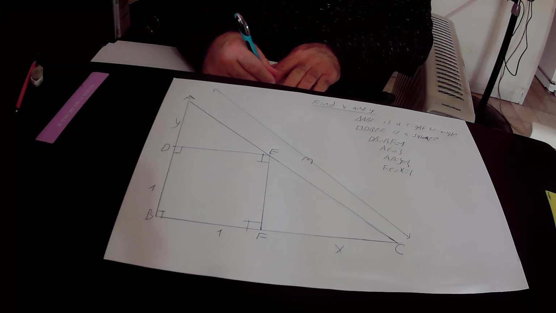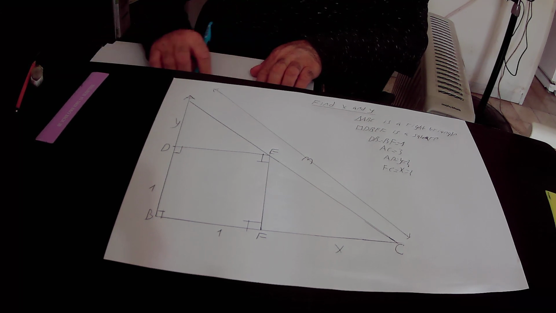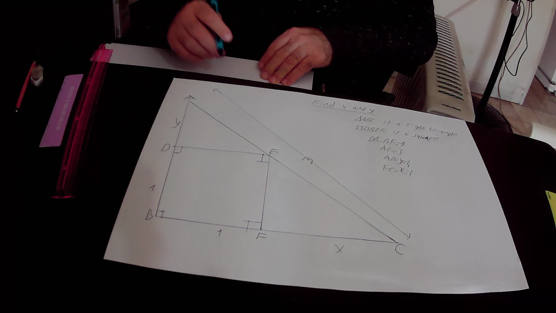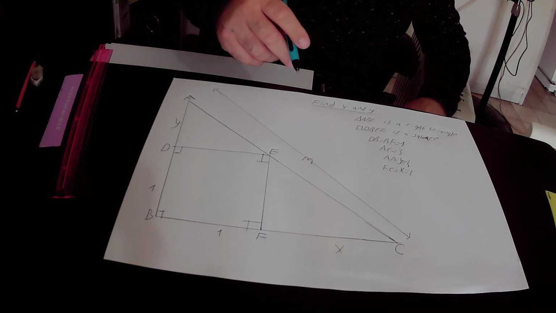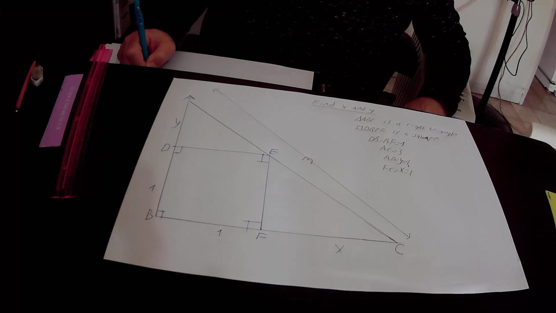According to rule number 1, corresponding angles between parallel lines are equal to each other.